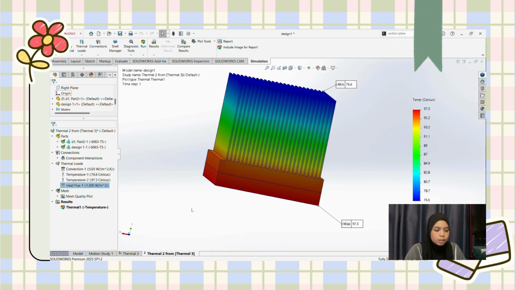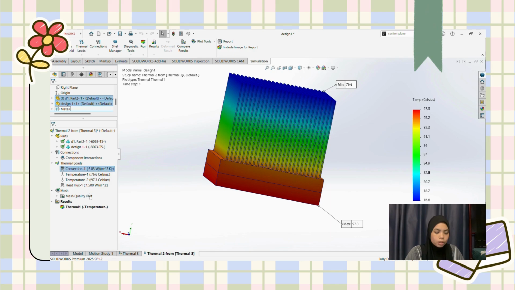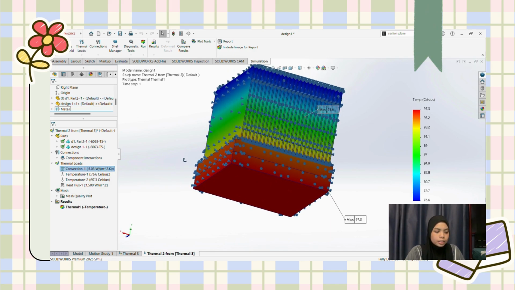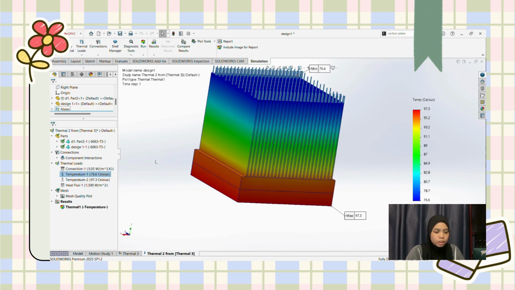This is the simulation of design 1. I use the material aluminum alloy 6063T5, and then I set the convection coefficient to 5.03, and the ambient temperature is 34 Celsius, which I convert to Kelvin, 307.15, and then I apply it to all sides except the bottom side of the design. After that, I set the temperature at the top to 76.6 Celsius. At the bottom, I set the temperature to 97.3 Celsius.